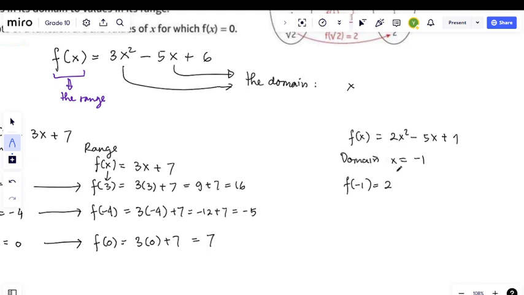We replace all the x by negative 1. Huruf x-nya saja yang diganti. Semua angka lain yang ada di expression-nya nggak diganti. Minus 5 tetap minus 5. Nah, ketemu x lagi kita ganti min 1.